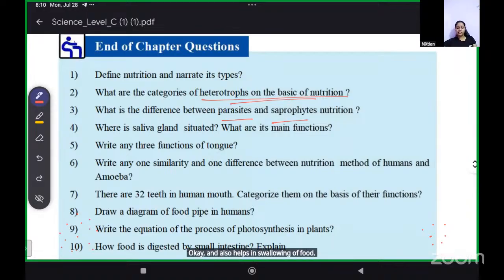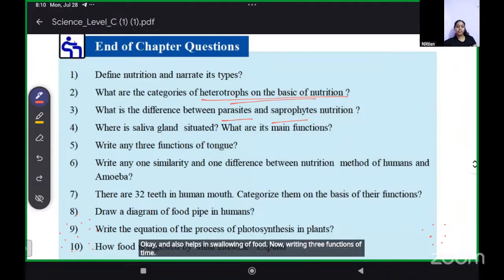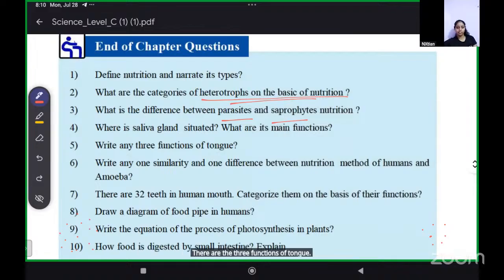Now, write any three functions of tongue. What are the three functions of tongue? Yes, Emma. Swallowing. Helps in swallowing. And what else did you say? Help to taste the food.